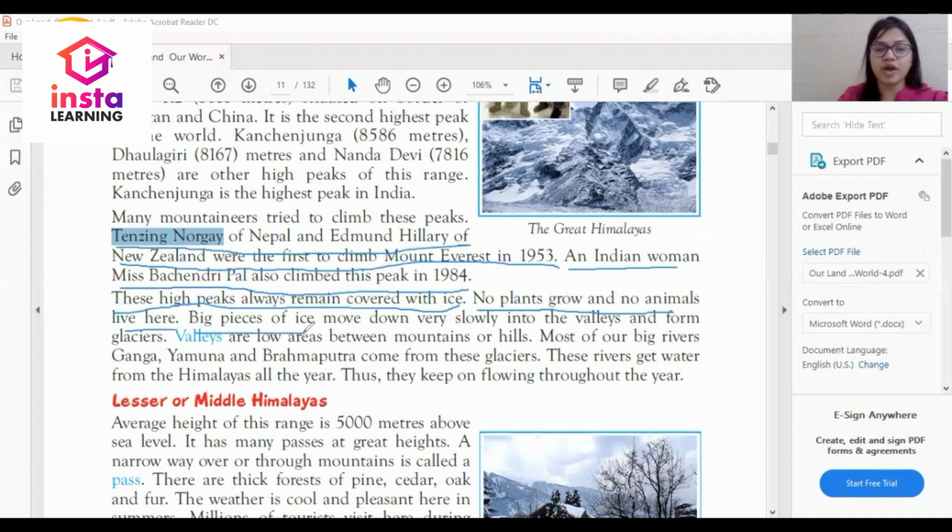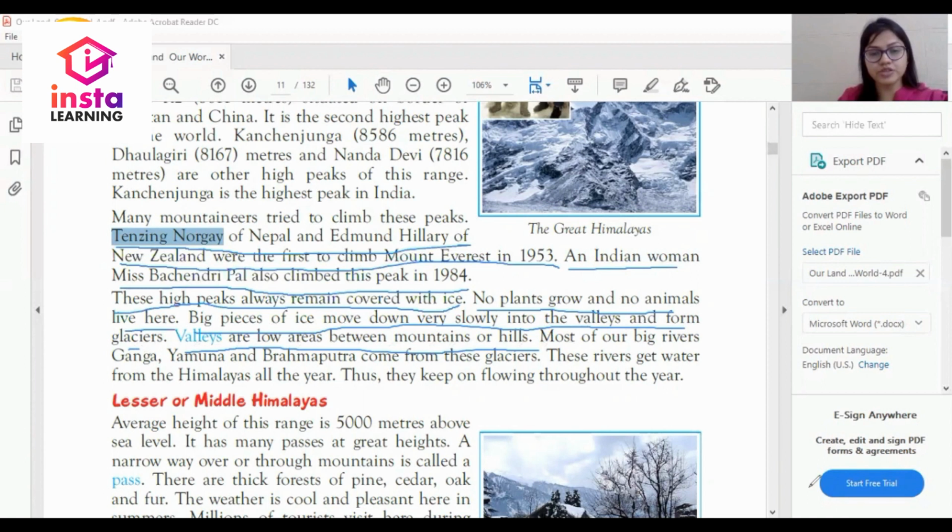Big pieces of ice move down very slowly into the valleys and form glaciers. जो बड़े बड़े आइस के ब्रिक्स होते हैं वो कैसे वैलीज में मेल्ट होके आते हैं और जो क्या बनाते हैं, ग्लेशियर्स बनाते हैं. Valleys are low areas between mountains and hills.